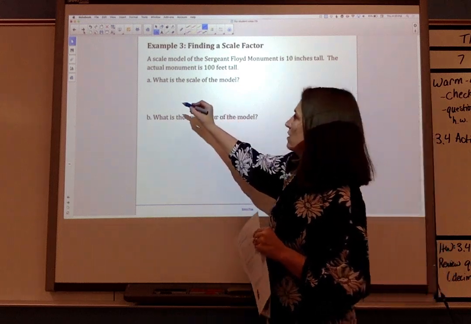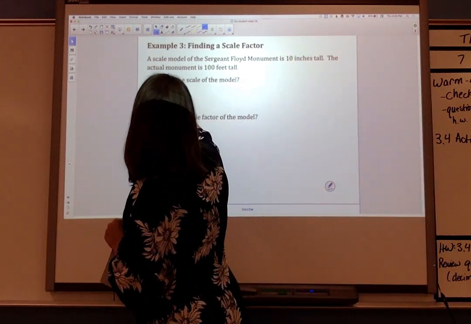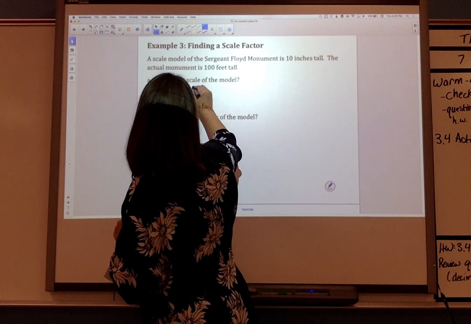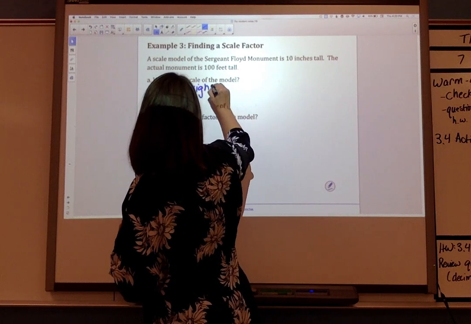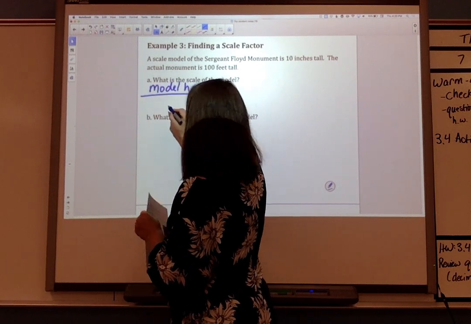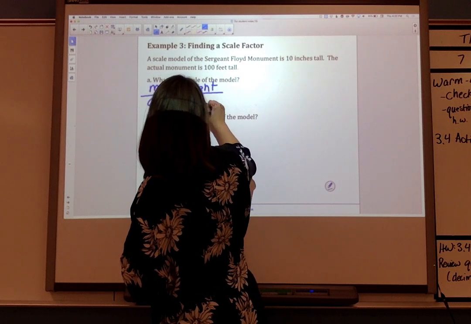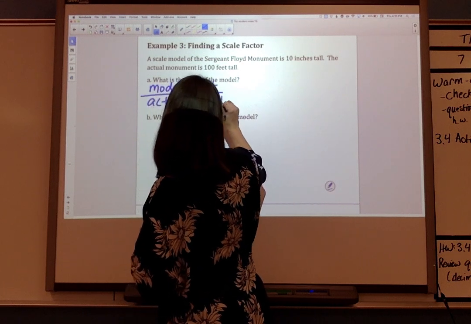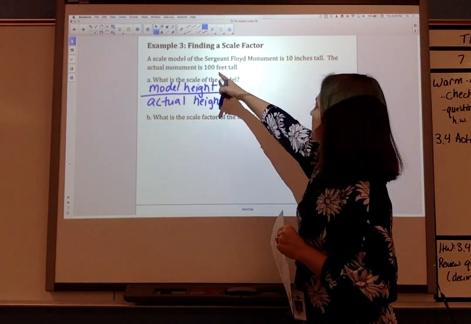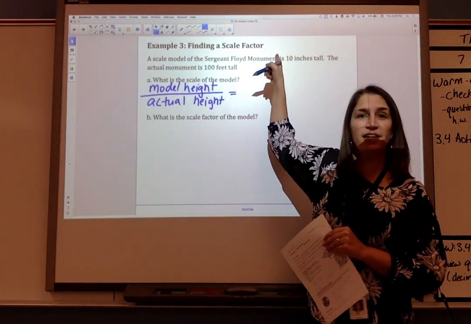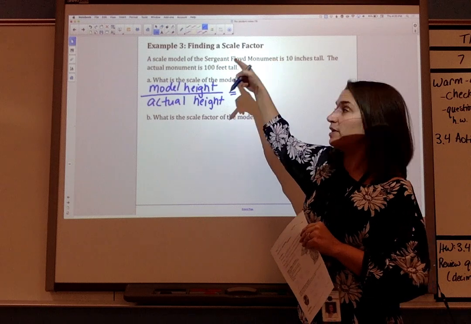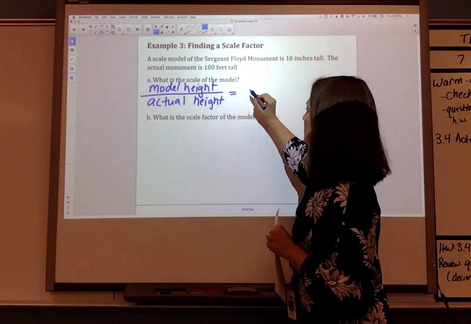So the scale is going to be the model height over the actual height. So that's the scale, and they tell us that the 10-inch monument equals 100 feet.